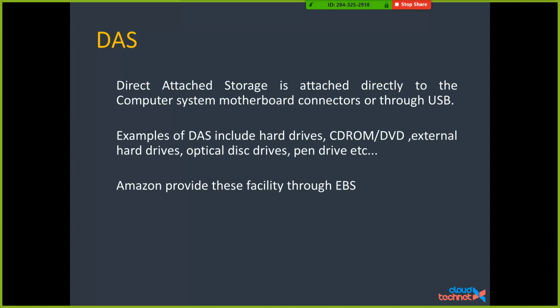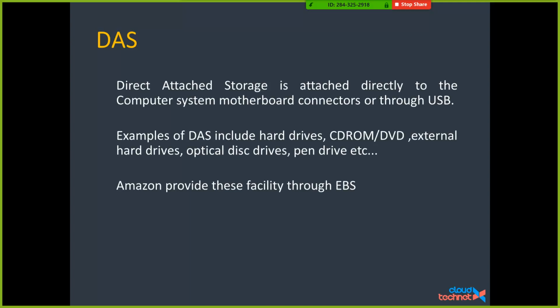Now, apart from these internal hard disks and external hard disks, another good example of hardware is CD-ROMs and DVDs. On your laptop, on the right side or maybe the left side, there is a CD DVD tray.